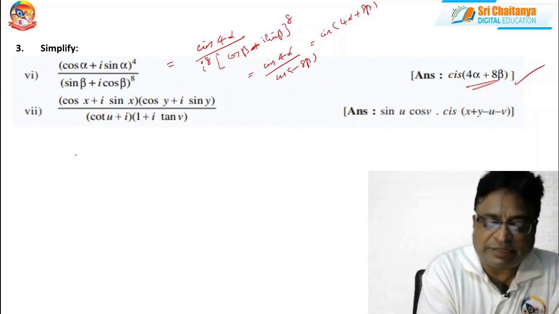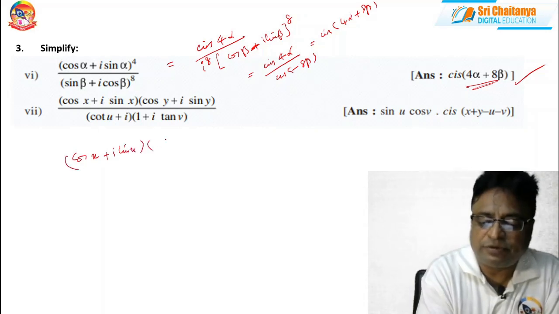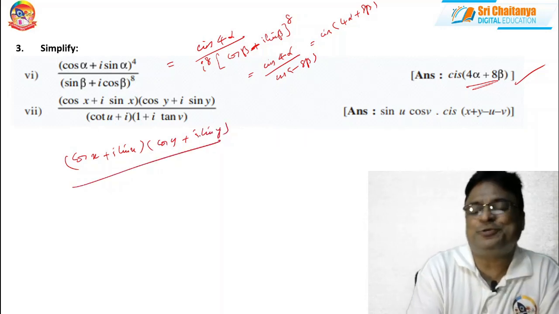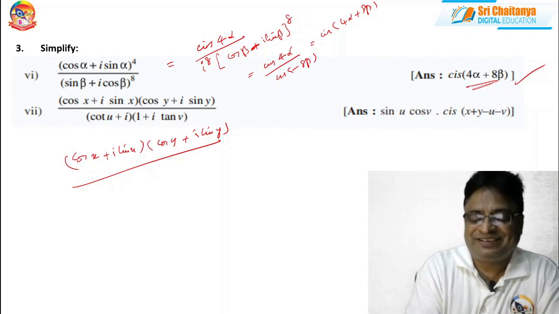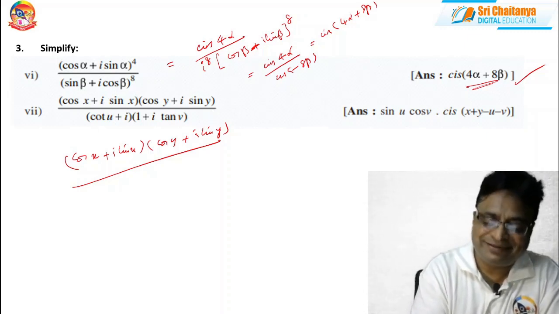See, in the 7th problem, cos x plus i sin x into cos y plus i sin y divided by the terms with cot u and tan v. So better I convert them into sine and cosine.